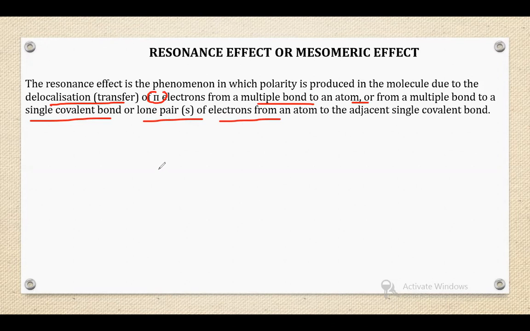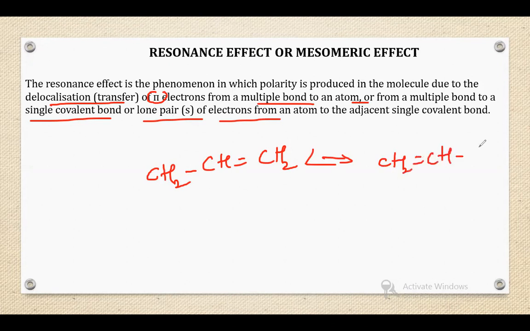Example: take a compound like CH2 single bond CH double bond CH2. We can write this like this: CH2 double bond CH single bond CH2. What happens here? If this conjugated pi electron shifts here, the earlier electron deficiency will now be satisfied and the valency will be satisfied.